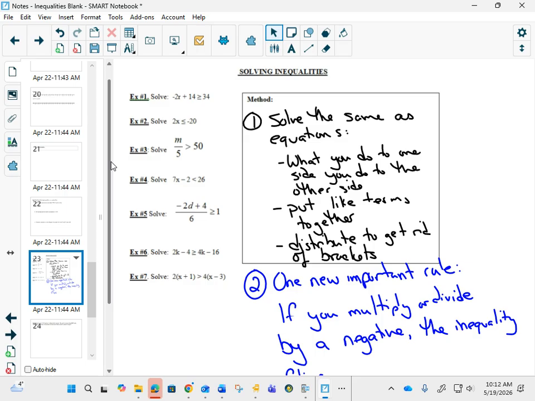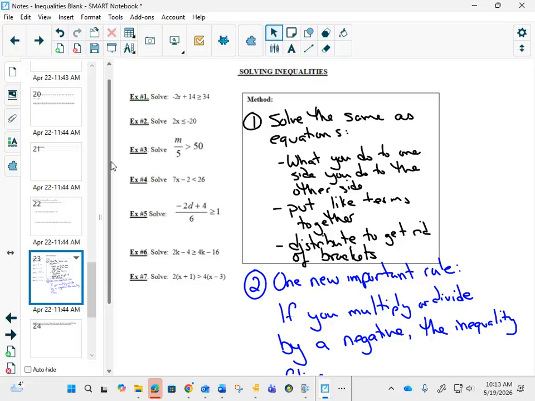And we're going to solve each of these using all of our skills from equation solving, plus the new rule, to solve the inequality. We solve an inequality when you get the variable by itself on one side. So for each of these I'm going to rewrite them.